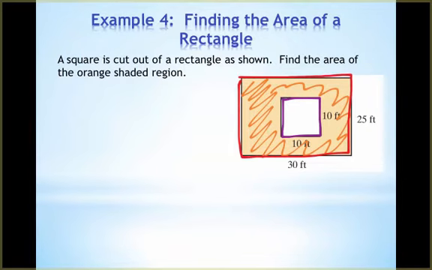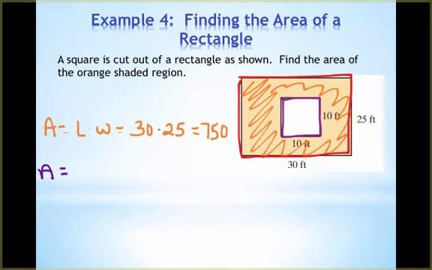So the area of our rectangle we know to be length times width. Well, that's 30 times 25. That's 750. And then our square has an area that's s squared. So that's 10 squared, which is 100. So then we can find our total area.